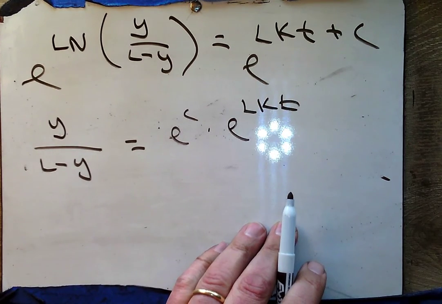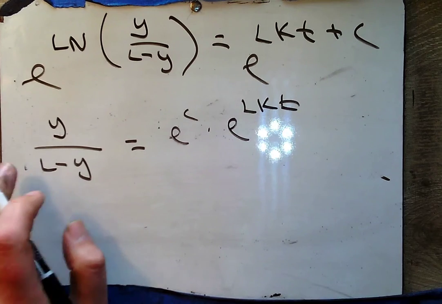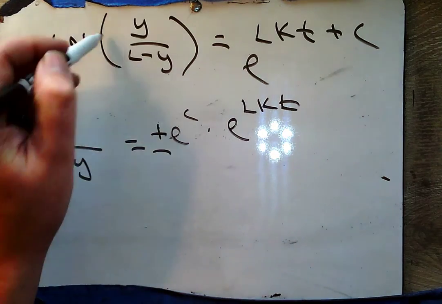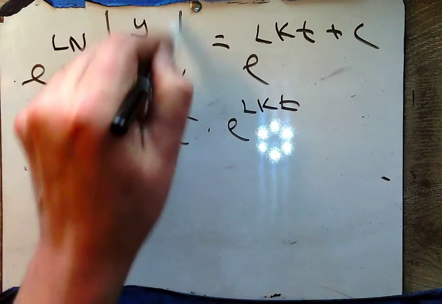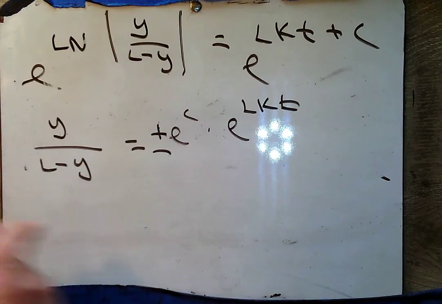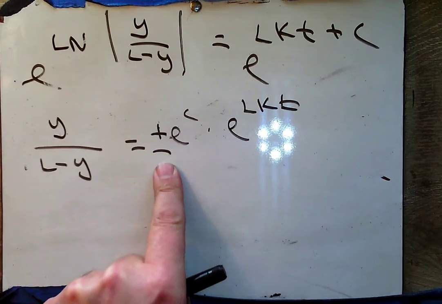I did have an absolute value over here, so I do need that plus and minus. So when I do this, I have this, and when I want to take those off, I need that.